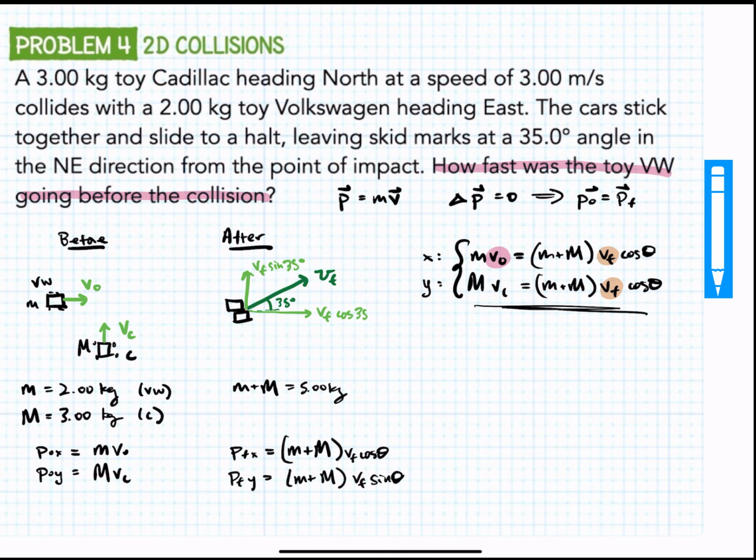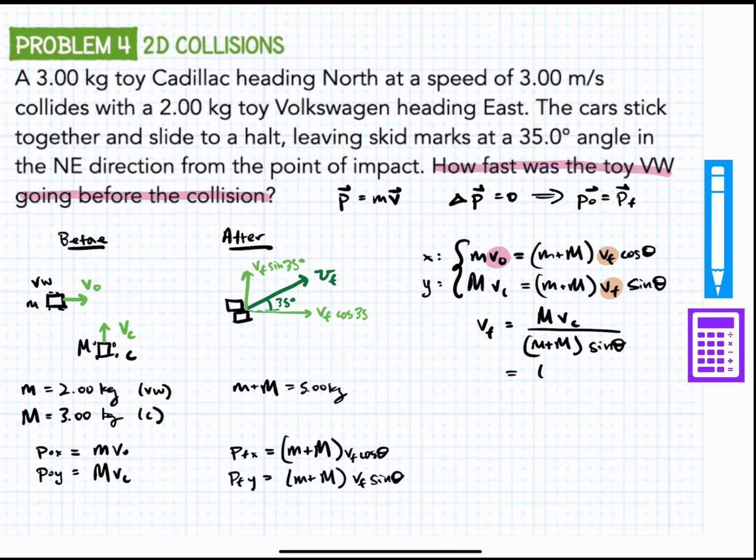We'll first take this equation and solve it for v final. So our v final, doing some algebra, should be big M times the initial velocity of the Cadillac divided by the total mass. Oops, sorry, this should be sine of theta.